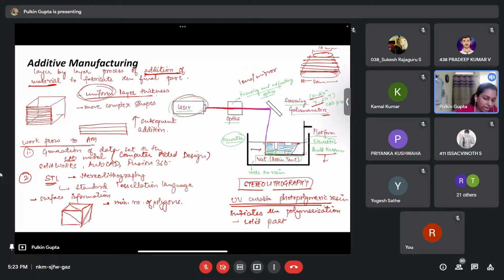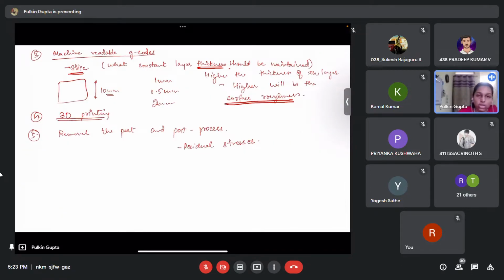So what is additive manufacturing? It is a layer by layer process. We have seen the workflow of additive manufacturing. It has generation of the data set or the CAD model. Then we need to convert that into STL. Then that should be sliced using certain software into machine readable G codes, as the machine cannot directly read the CAD file or the STL file.